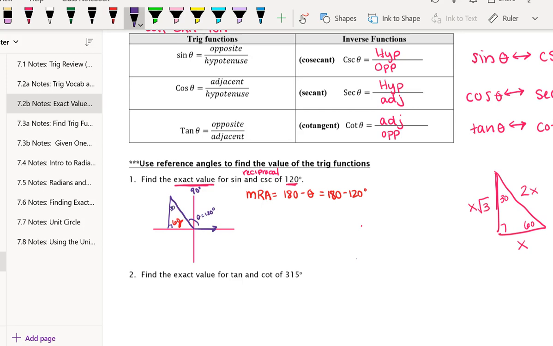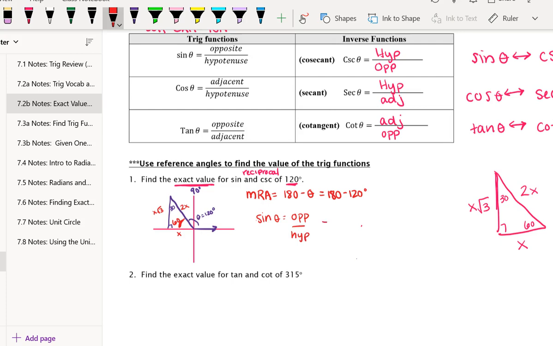Okay, and so what I know is that if this red angle is the angle that I'm referring to, in a 30, 60, 90, this is the short leg, this is the x root 3 leg, and this is 2x as the hypotenuse. So if I want sine, it is going to take the opposite over the hypotenuse of the angle 60 in this case.